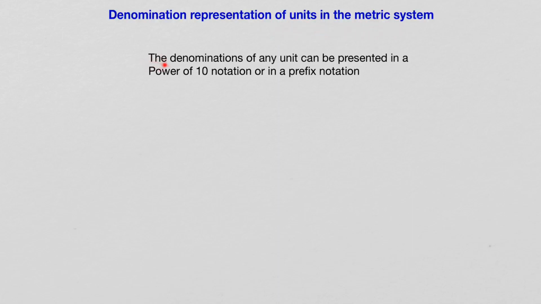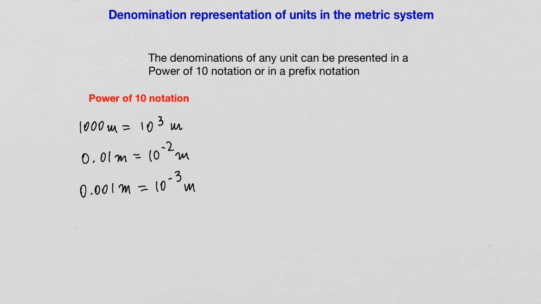Let's talk about the denomination representation of units in the metric system. The denominations of any unit can be presented as a power of 10 notation or in a prefix notation. So let's discuss those two types of notations.